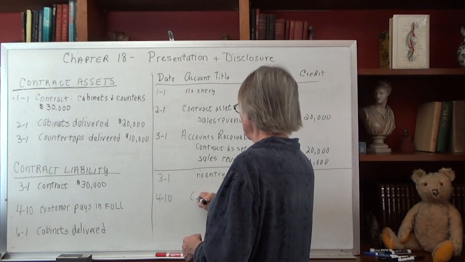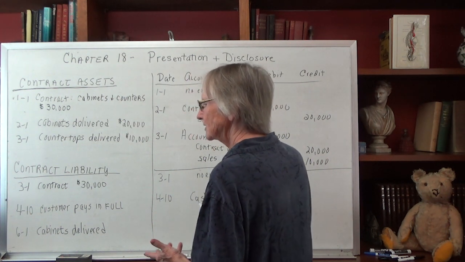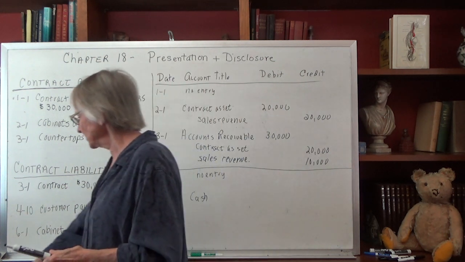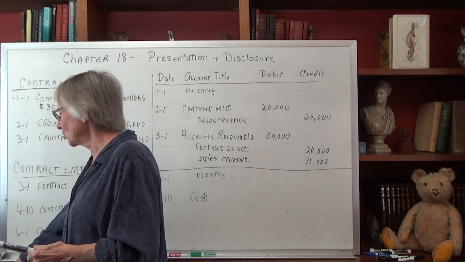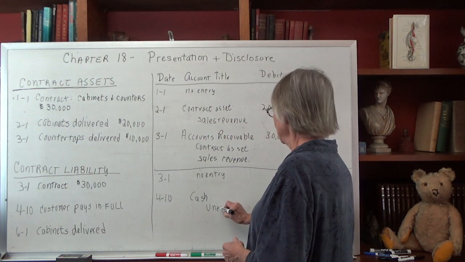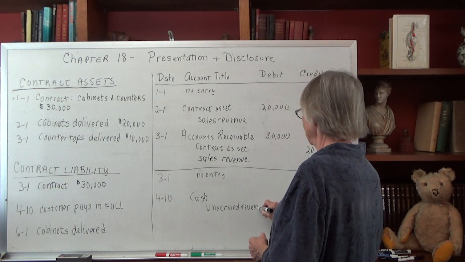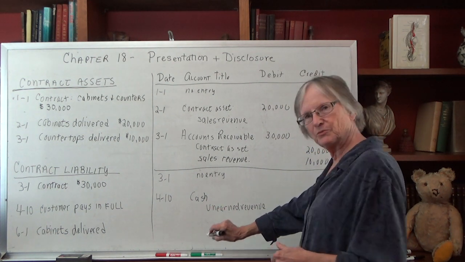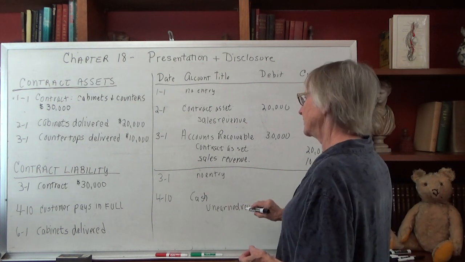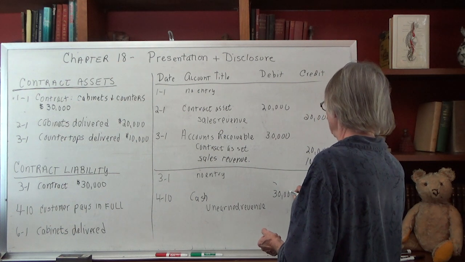We're going to receive the cash at this point, but the work has not been done, so we are just going to have a contract liability, and we can call that unearned revenue. You could also call it contract liability, but it's what we know as unearned revenue. So cash, unearned revenue, for the $30,000.